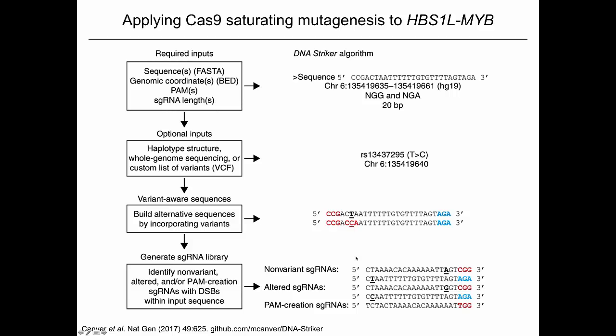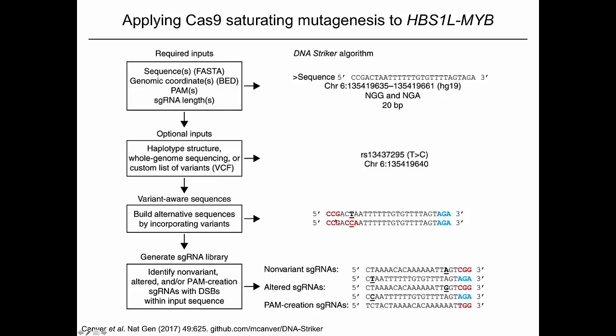Finally, there are naturally occurring genetic variants. In fact, that's the basis of GWAS. Generally one uses the reference genome to design guides, but your cell type of interest, your donor, may have SNPs that either decrease the efficiency of guides cleaving those target sites, or may even block the recognition of Cas9 by destroying the PAM, and may even create new PAMs that allow for the design of new guides.